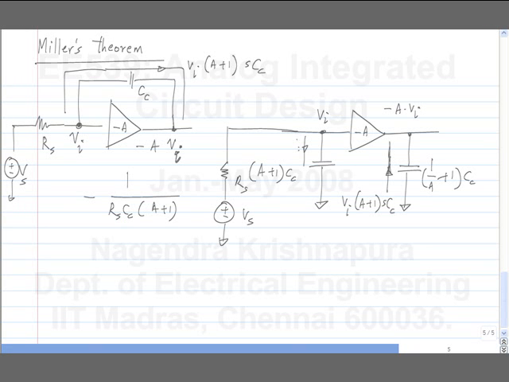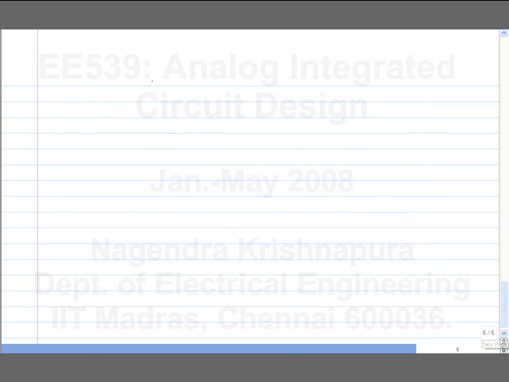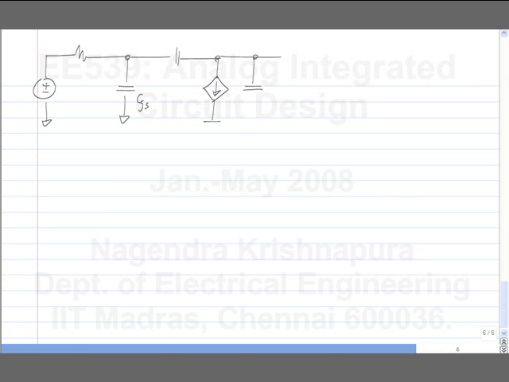Now let me do the same with the common source amplifier. Now I'll replace CGD with a capacitance at the input. What will be the value of the capacitance?